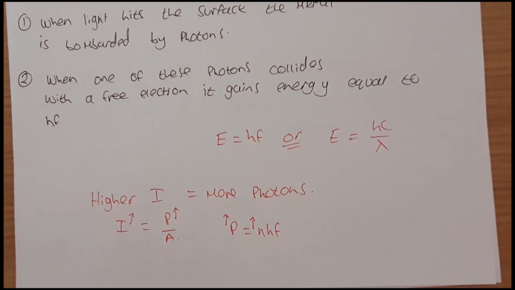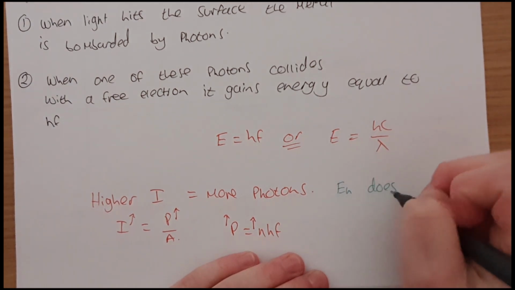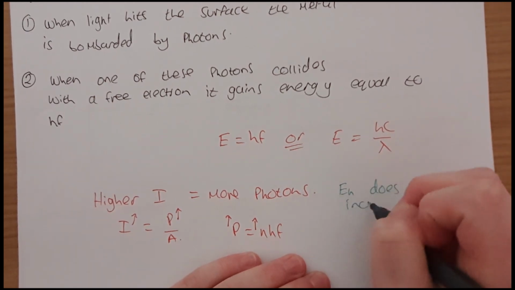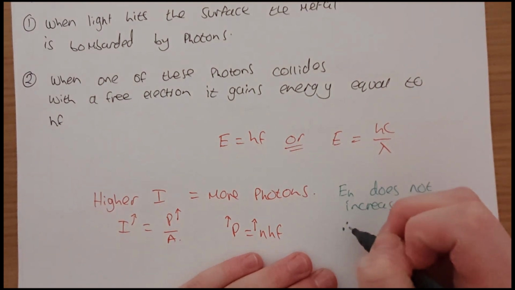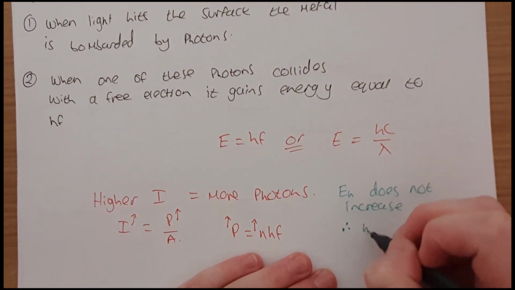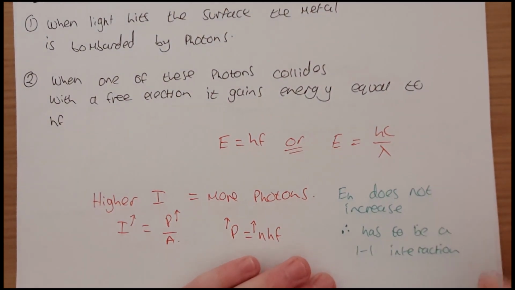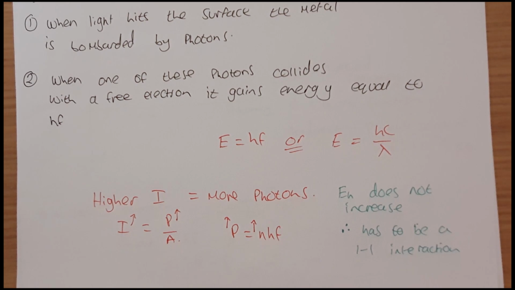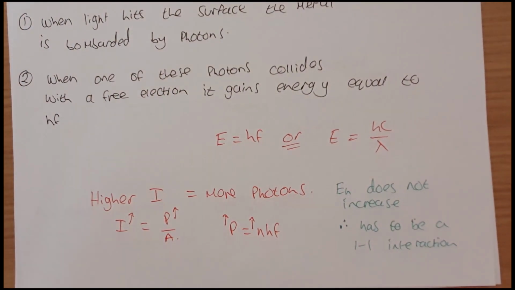Now, if wave theory was correct, that would mean that kinetic energy increased. But that doesn't actually happen. Therefore, it tells us that there has to be a one-to-one interaction. For this photoelectron emission to occur, a photon gets absorbed by my electron and moves up, if it can.